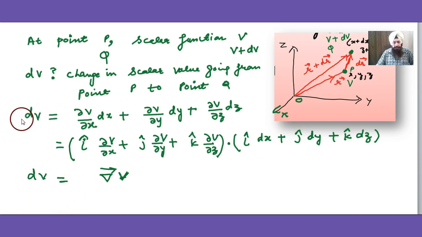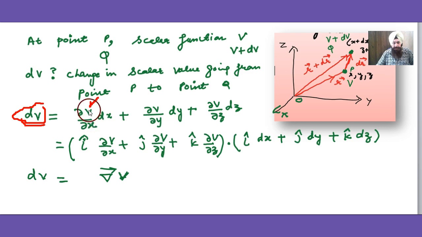Now what is dV? dV is the small increment going from point P to point Q. We first find how V changes only with respect to x.